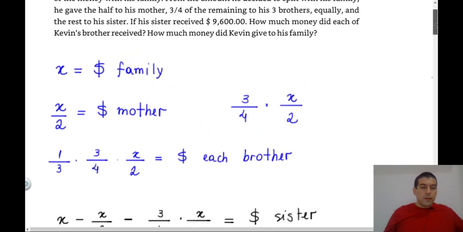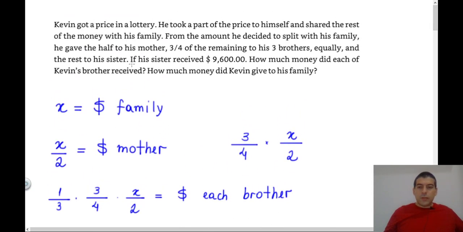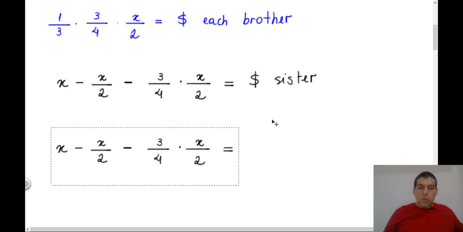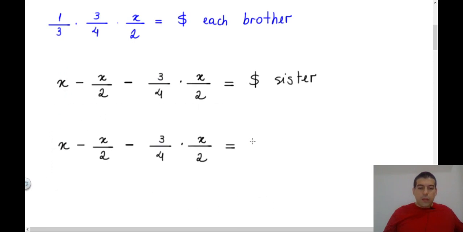Let's continue. The question told that the sister received $9,600. So what does it mean? It means that this quantity here will be equal to 9,600.